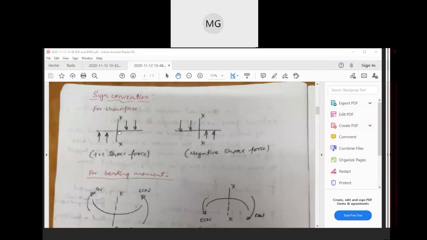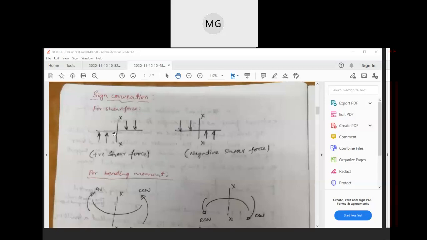On a beam, you can select any reference point or any section. If the force is acting downward on the right side of the section, we consider it a positive shear force. On the left side of the section, if the forces are upward, we consider it a positive shear force.